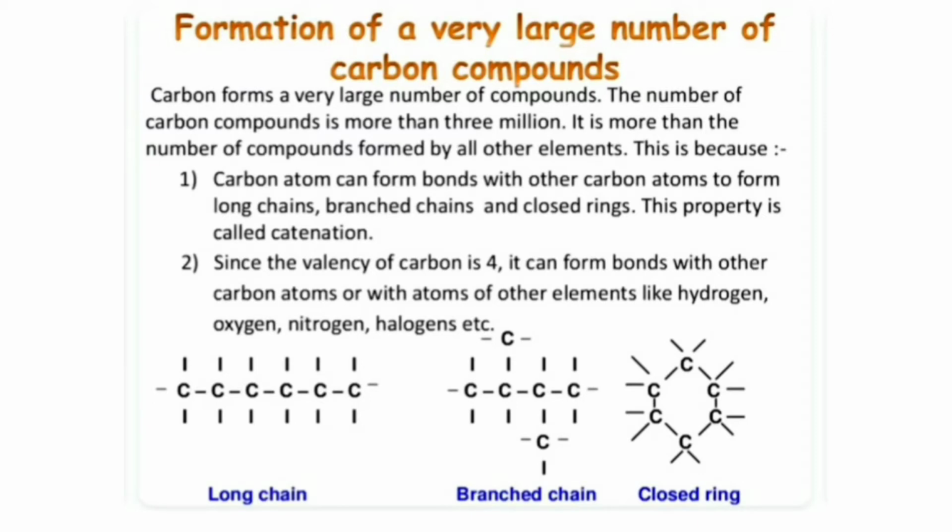This property is called catenation. Second, since the valency of carbon is 4, it can form bonds with other carbon atoms or with atoms of other elements like hydrogen, oxygen, nitrogen, halogens, etc. Long chain of carbon, branch chain and closed ring is shown here.